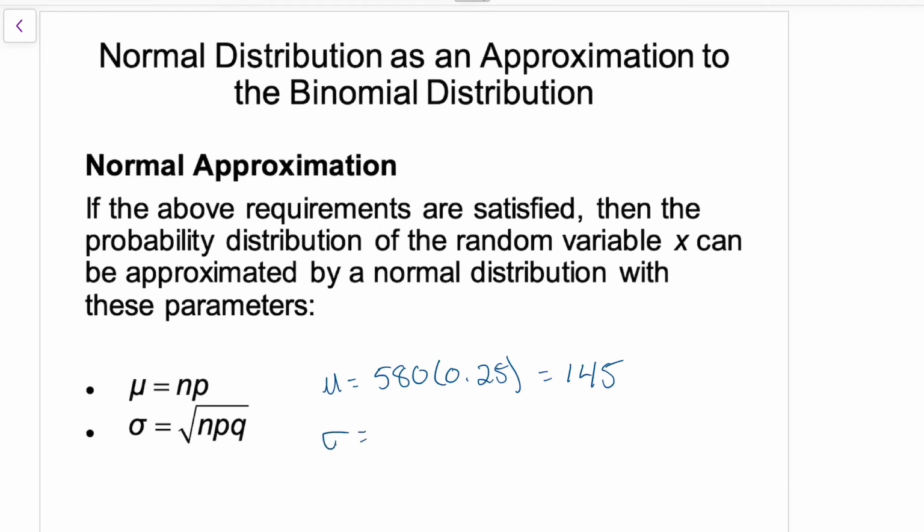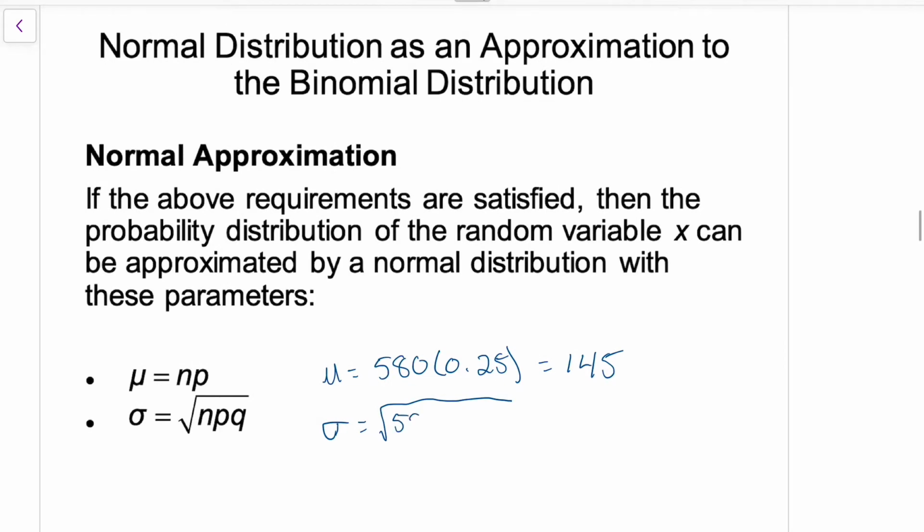Our standard deviation is going to be the square root of npq, which is 580 times 0.25 times 0.75. If I compute that in a calculator, we'll get 10.43. We will use these values in our normal approximation to compute the probability of events motivated by this example.